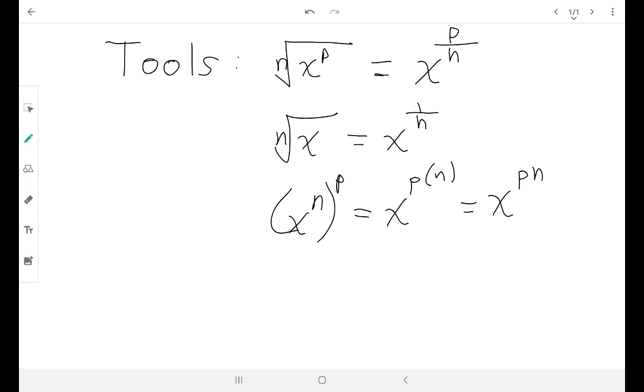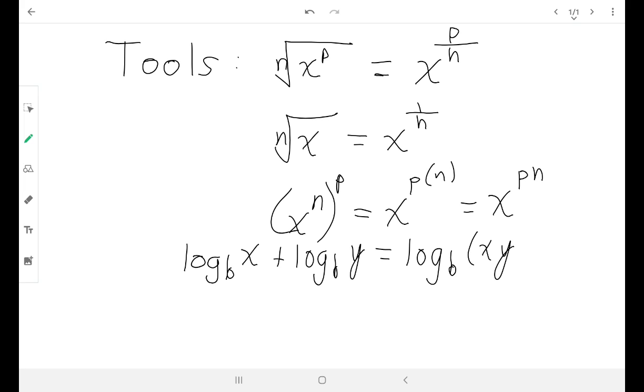There are also the logarithm rules, and we're going to need those tools. One of the first ones is that log base b of some x, plus log base b of some y, condenses into log base b of those two things multiplied together, x times y.